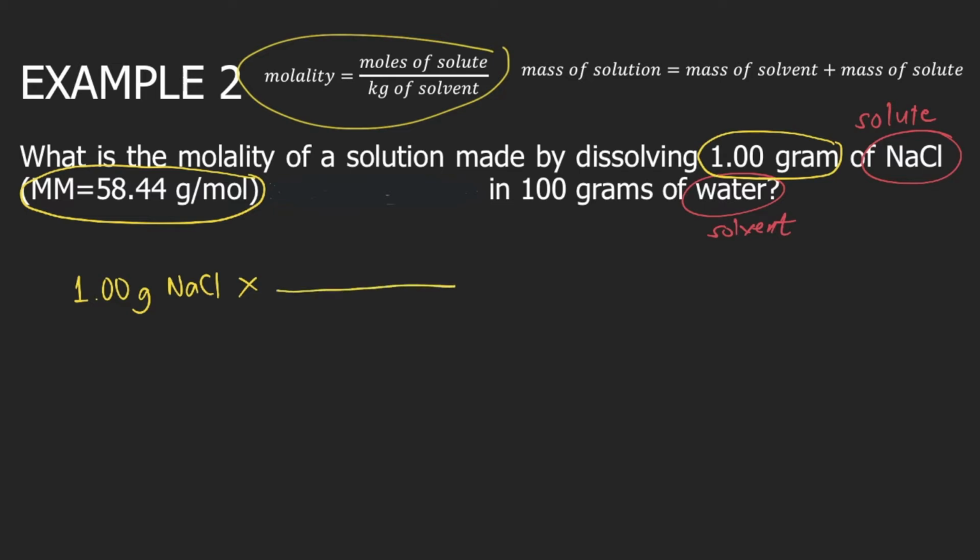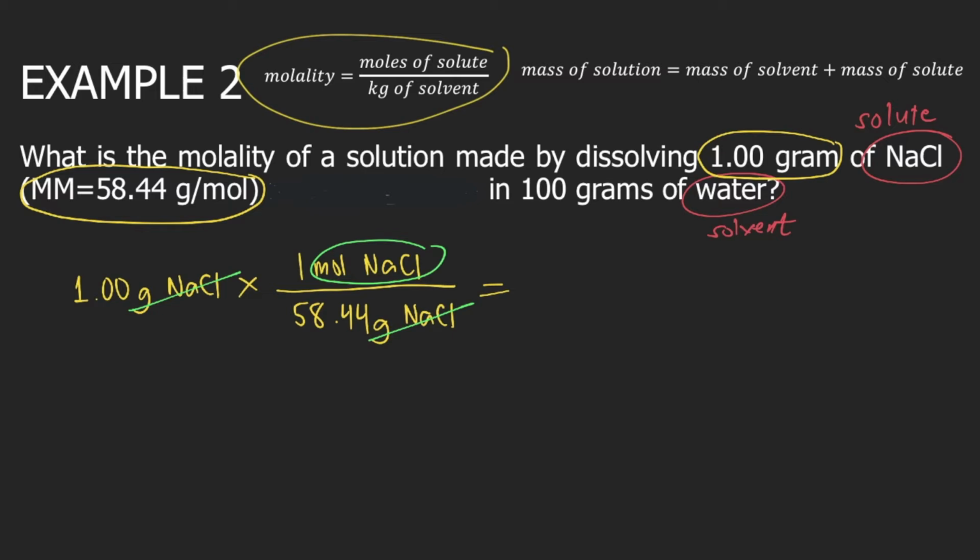So according to the molar mass, 1 mole of NaCl is equivalent to 58.44 grams of NaCl. So grams of NaCl will cancel. Now we have moles of NaCl.